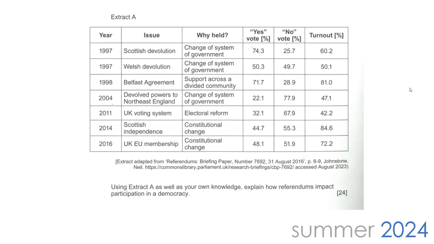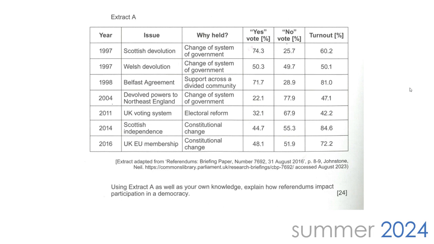Very, very similar. Welsh devolution in 1997, quite surprisingly, was around 50%, with 50% of people in Wales not taking part in that referenda. So the extract is there to help you, and you must refer to it every now and again. And I've managed to make two connections there, maybe three, based on the extract that gets us thinking about our essay.